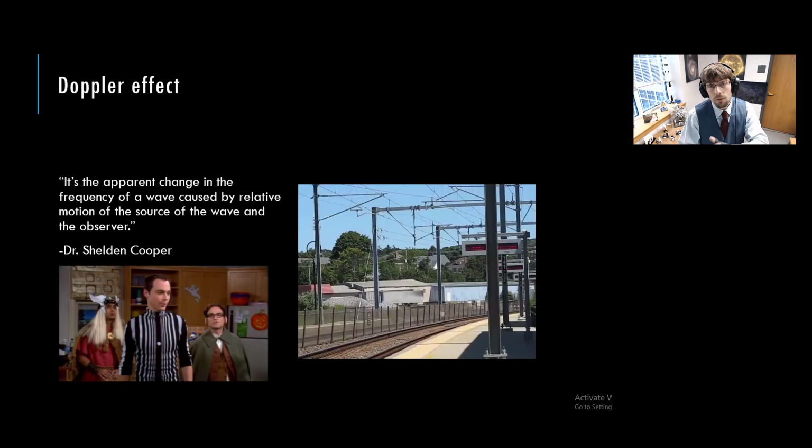It's not that your friend is throwing candy at a different rate or a different frequency. It's the fact that because there is relative motion between the source, your friend throwing the candy, and the receiver, you, that causes the frequency that you receive the candy to change.